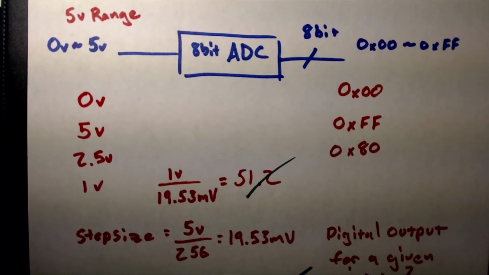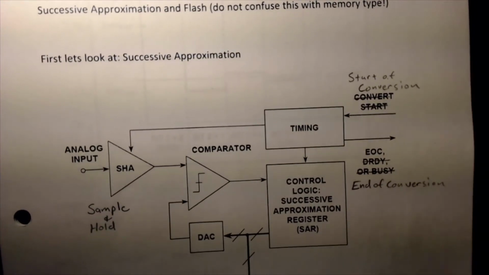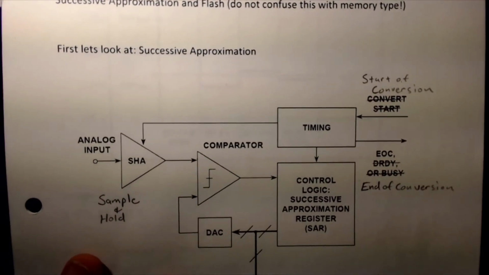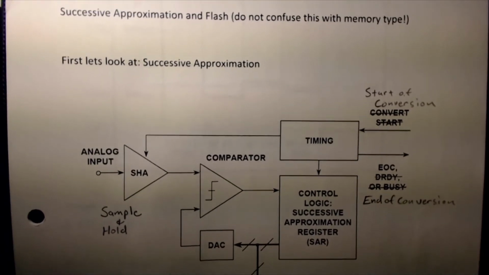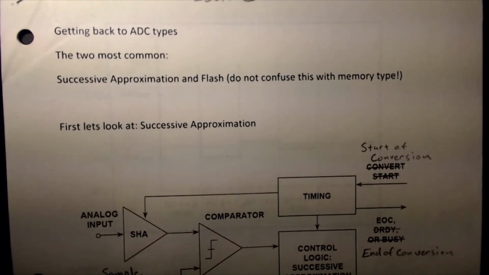Now, next we're going to look at how an analog digital converter achieves this. There are actually two common types of analog digital converters.